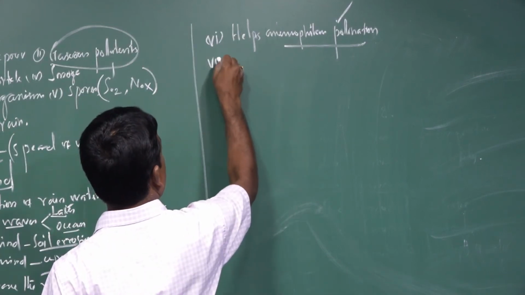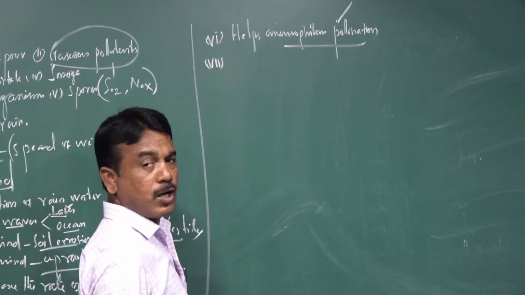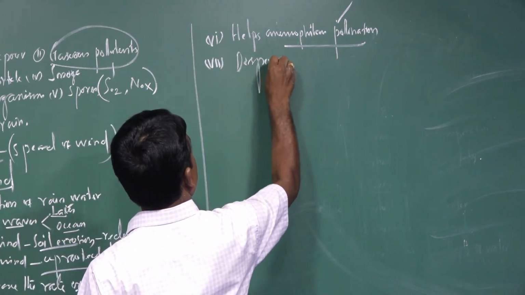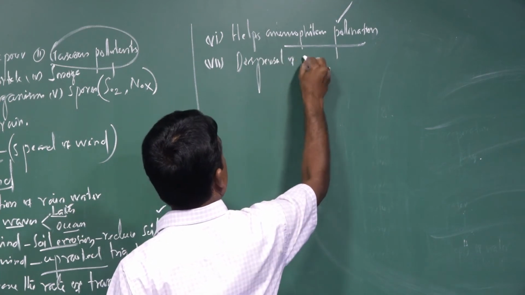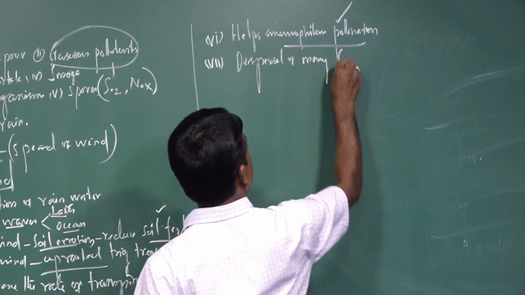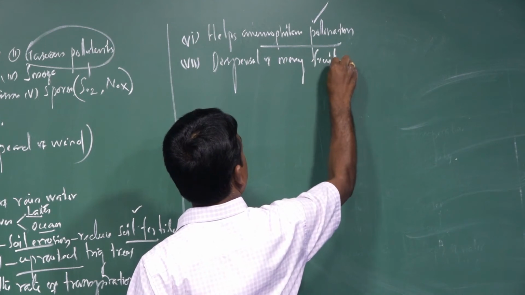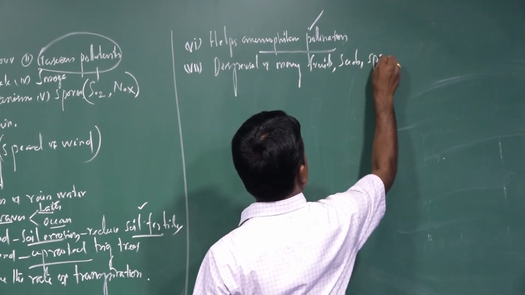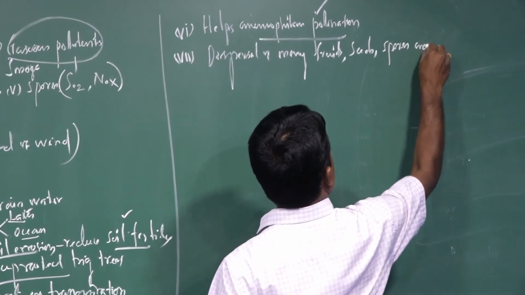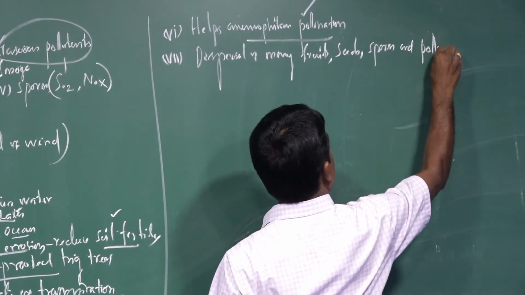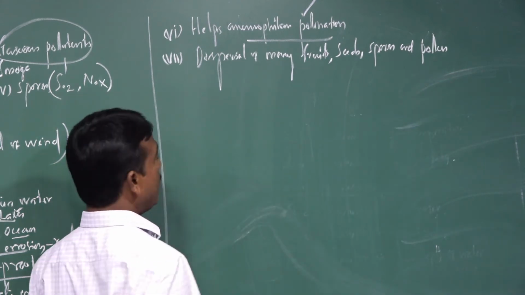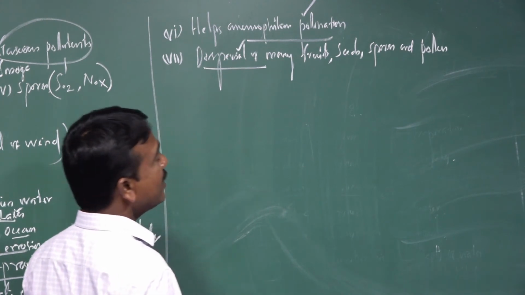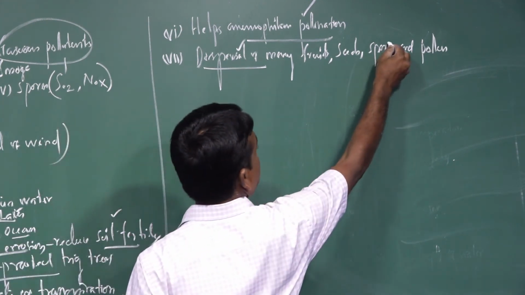Then the seventh one, the wind is also helping dispersal of many fruits, many seeds, many spores and pollens. So with the help of the speed of wind, there is dispersal of many fruits, seeds, spores and pollens.